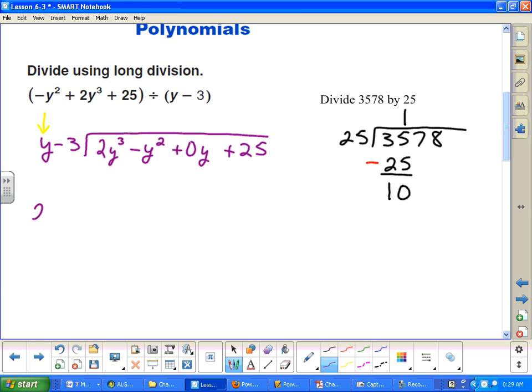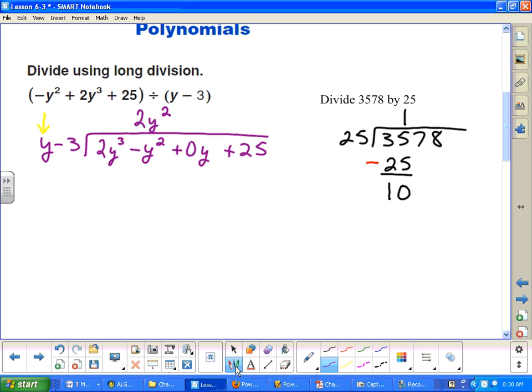If I wrote 2y cubed over y, what would you get? 2y squared, right? Okay. So I'm going to put 2y squared over the y squared term. I'm going to line up my like terms.